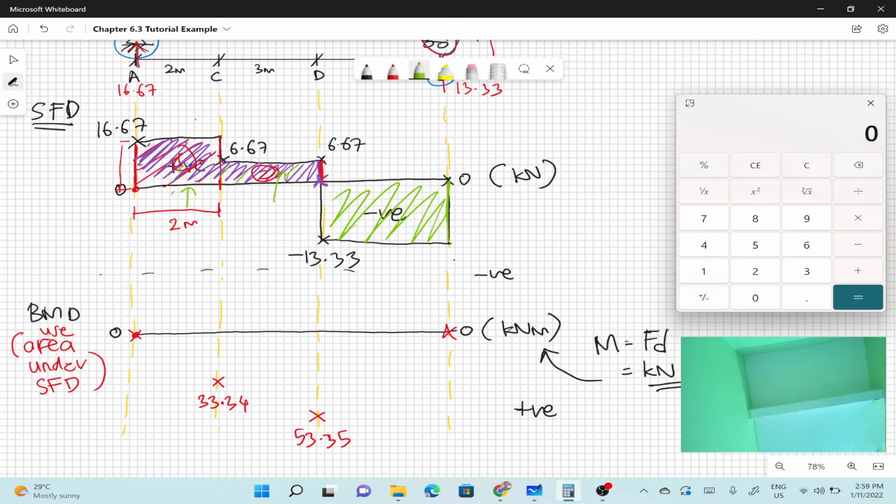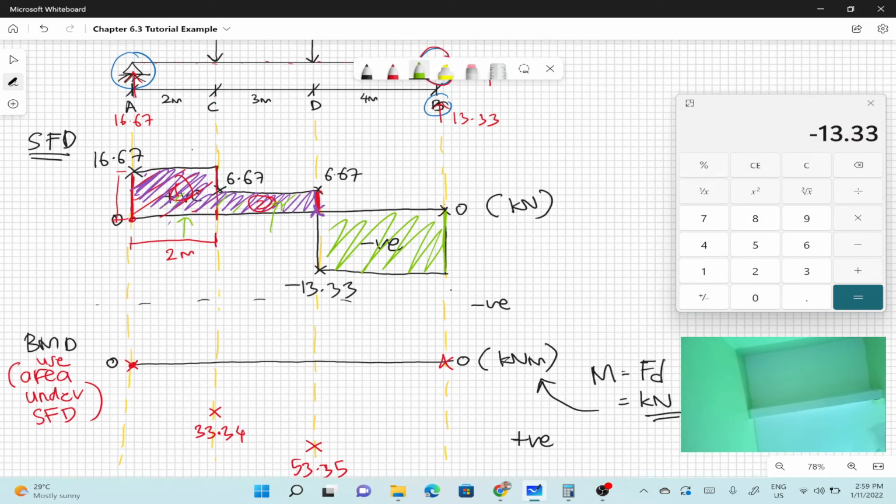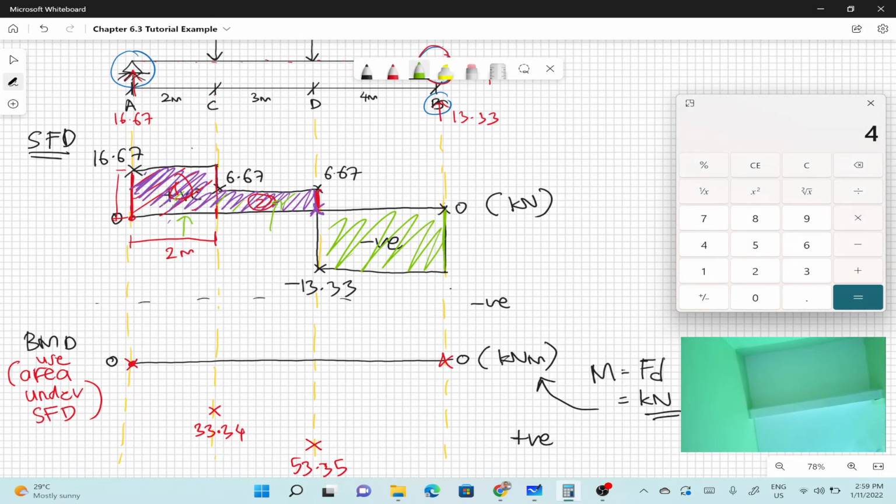So this is 13.33 times the distance, which is 4. I want you to notice that it's negative, so that's why I put negative there.